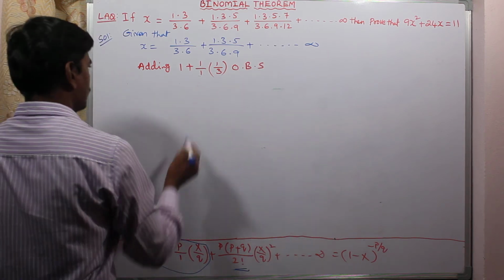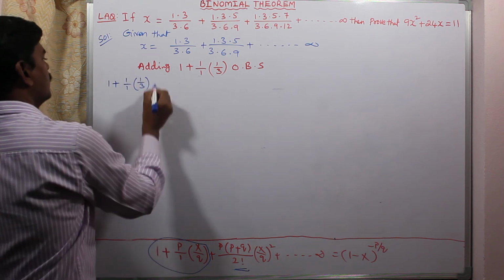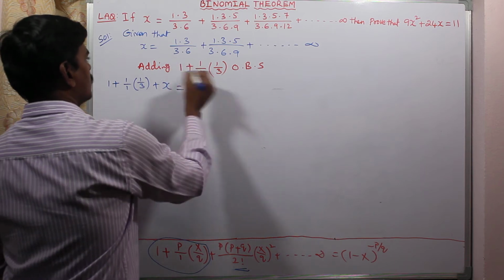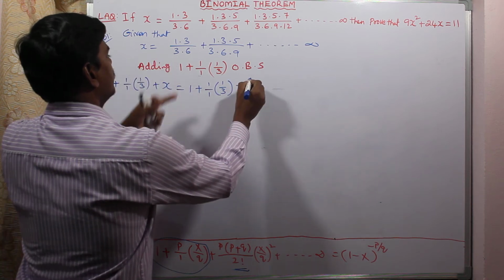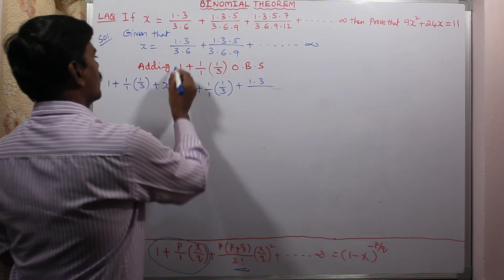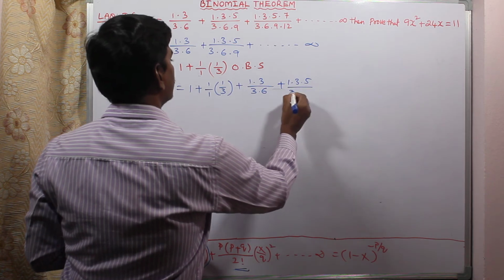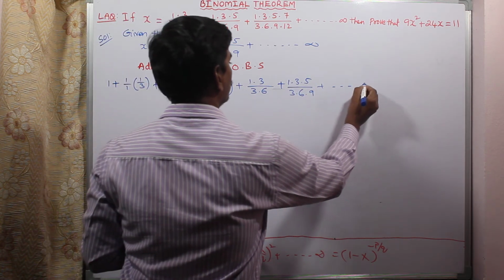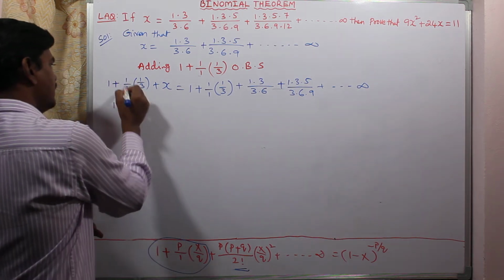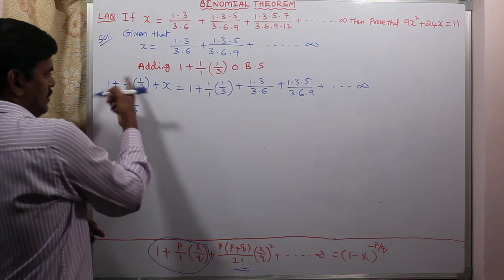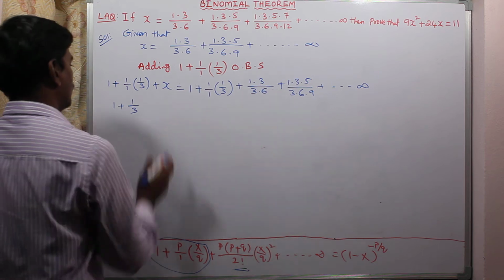Let me add this term on LHS: 1 plus 1 by 1 into 1 by 3 plus x equals, on RHS, 1 plus 1 by 1 into 1 by 3 plus the remaining two terms written the same: 1 into 3 by 3 into 6 plus 1 into 3 into 5 by 3 into 6 into 9 plus so on up to infinite. Now 1 plus 1 by 3 on the LHS we can simplify, because we need not worry about the formula on LHS.